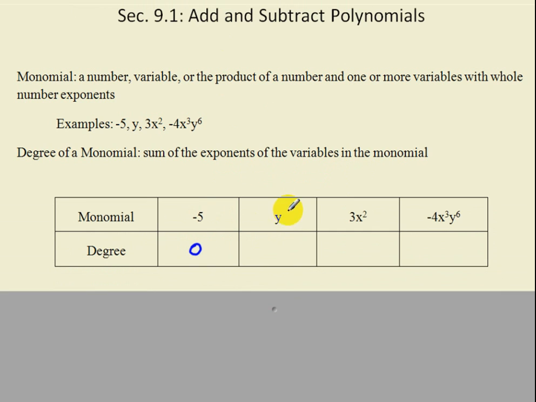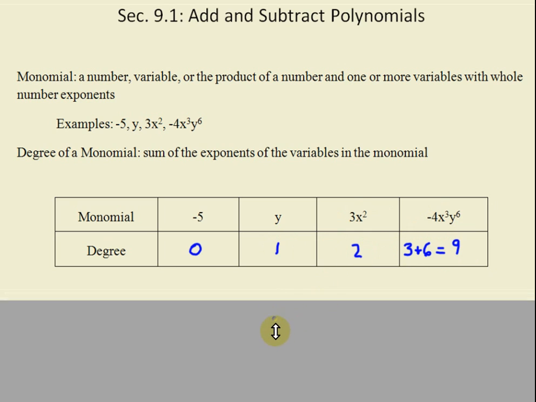Here with y we have y to the first power, so the degree is 1. 3x squared, the degree is 2, the exponent of x. Now when you have more than one variable, we need to add the exponents. So here we have an exponent of 3 for x and 6 for y. We add that together to get degree 9.